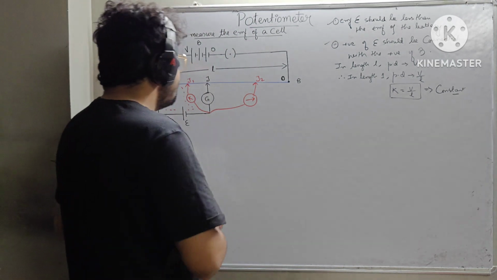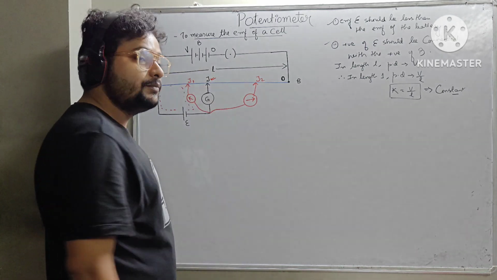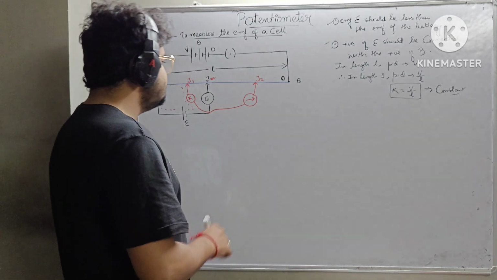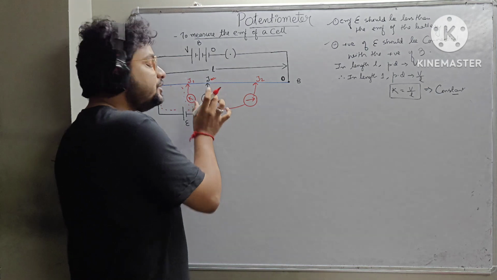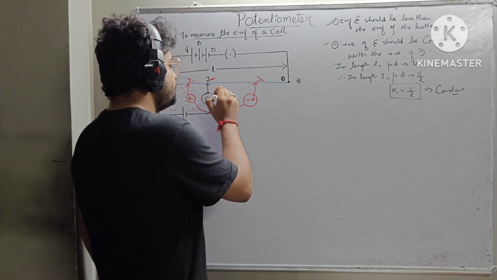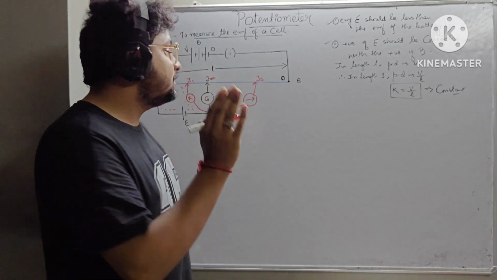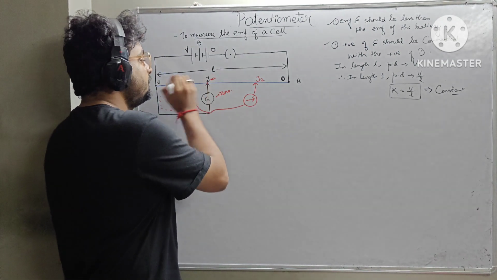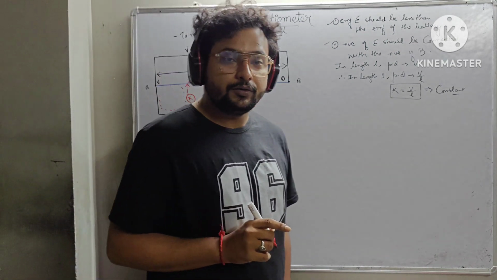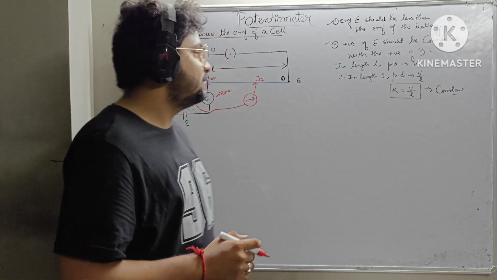You will get one particular point where you will see that the galvanometer is giving you no deflection. That means the galvanometer is showing zero deflection. So mark that particular point. I will be telling you what is the meaning of that point.